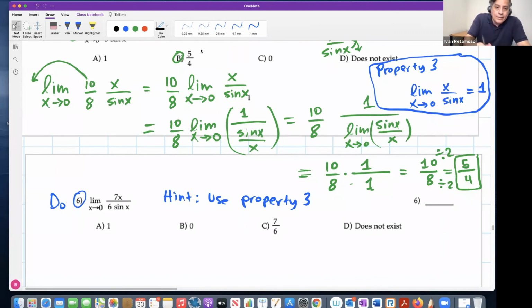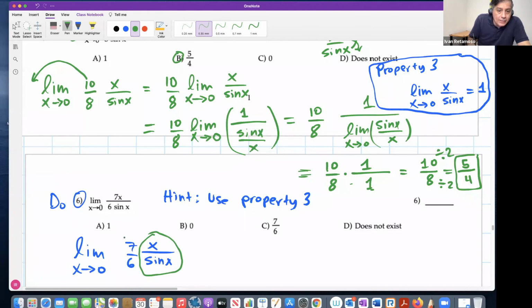So when you look at this exercise, then you can say that the limit as x approaches 0 of 7x over sine of x, this is 6, right? Once you separate this part, x over sine of x, from the constant that we're going to pull out, then this is just equal to 7 over 6 times the limit of x over sine of x as x approaches 0, right?